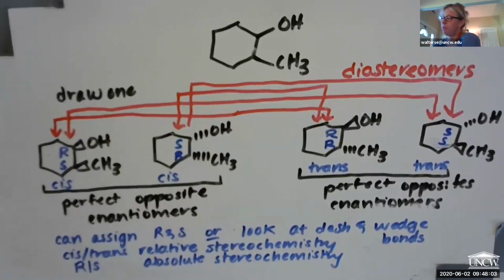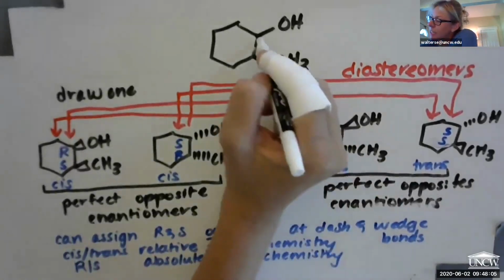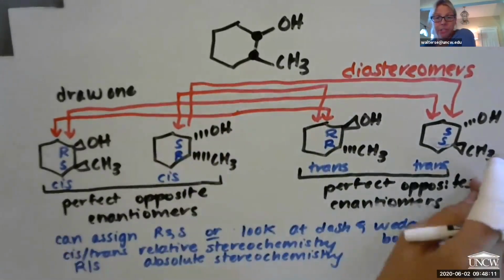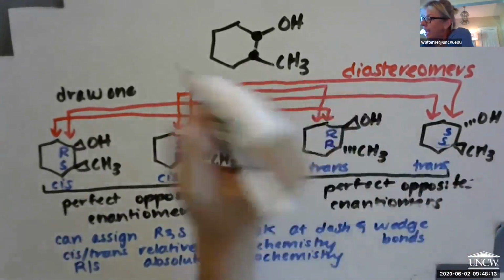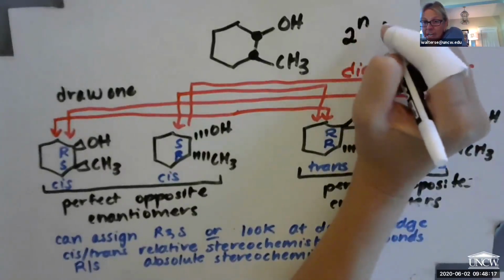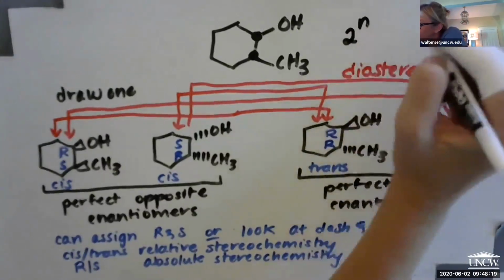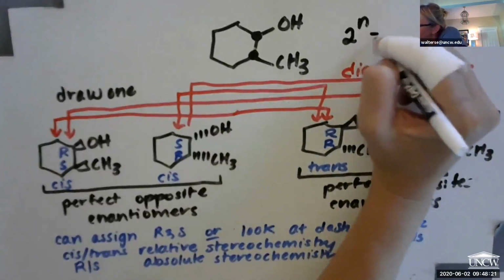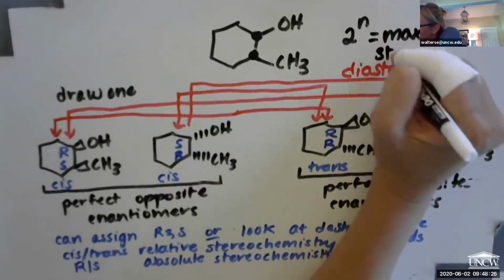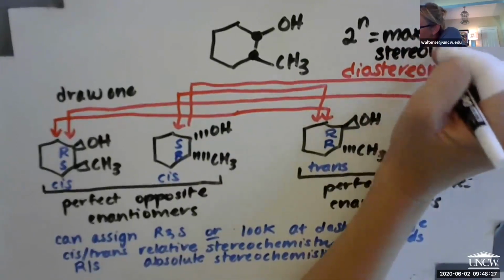Now, one other thing before I give you some practice. This compound has 2 stereocenters. So if you want to know how many possible isomers you can get, you take 2 to the n, where n is the number of stereocenters. And that's the maximum number of stereoisomers possible.